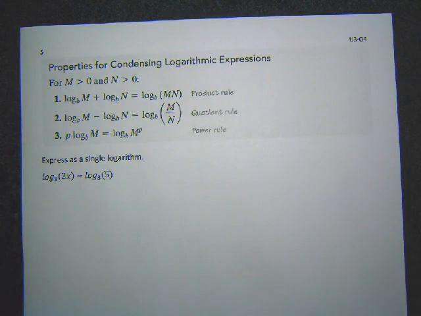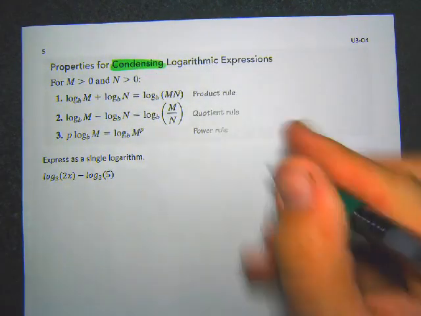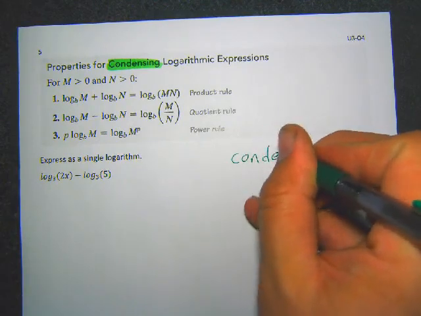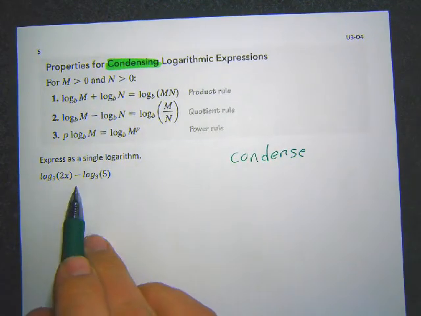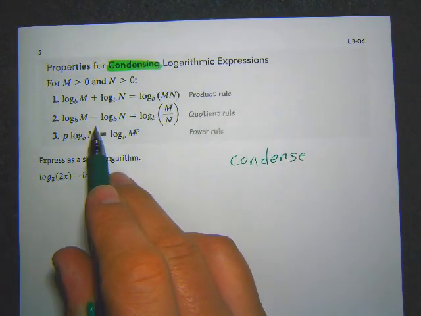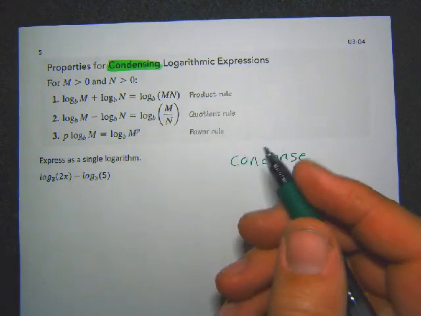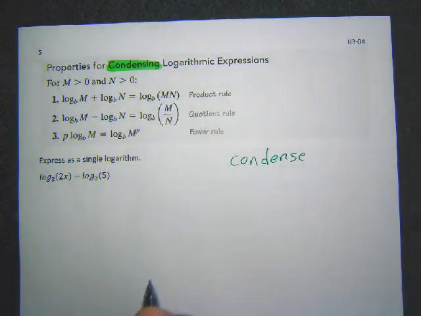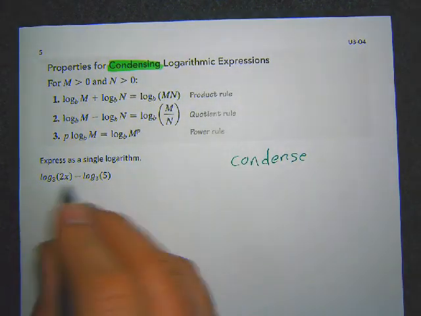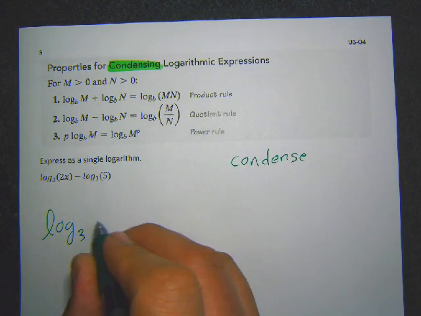So now we're going to condense. So we're going the other direction. We want to condense. The first one's pretty straightforward. There's only one thing to do. Here they have minus. So that minus between two logs, we could turn around, go the other direction, and turn that into a division inside a log. So instead of having subtraction between these two logs, we get one big log with a division in it.